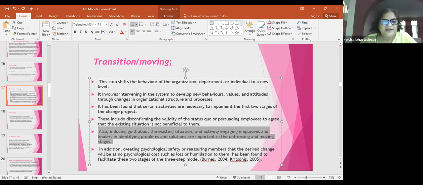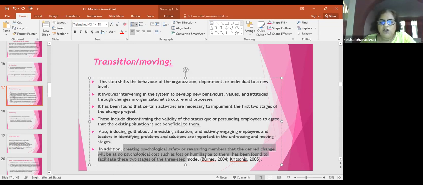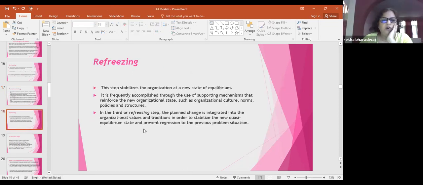Yeah. So this is what they told me. So we create psychological safety or reassure members that the desired change will be at no psychological cost, such as loss or humiliation to them. And it has been very, very facilitative to build trust and people can then move on.